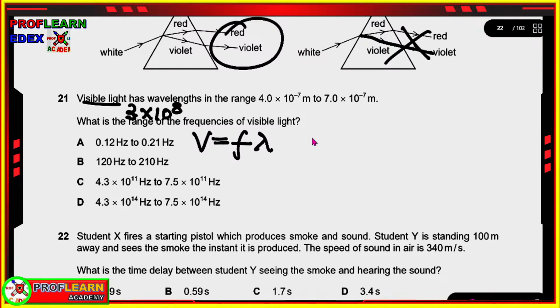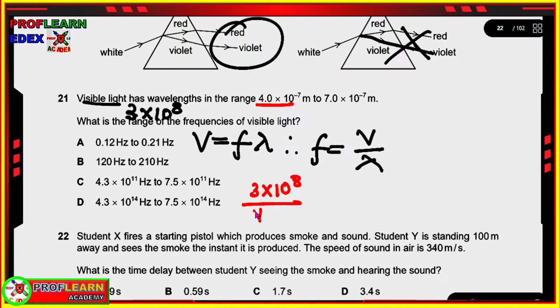So if we want to find frequency, frequency is equal to speed over wavelength. In that way, if we want to work out the range, we shall use this wavelength. So we shall say that is 3 times 10 raised to the power 8 over 4.0 times 10 raised to the power negative 7. We work it out there.